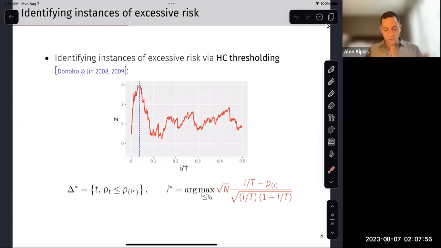This gives you a set of the smallest p-values, and this particular selection has interesting optimality properties in the context of classification or detection, as discussed by Donoho and Jin. In our context, it gives us those time instances that affect the change most. It gives us the best evidence for change in survival between the groups. Those are the instances that are most suspicious of having excessive risk toward one of the groups.